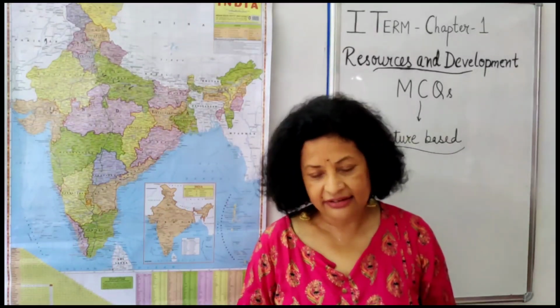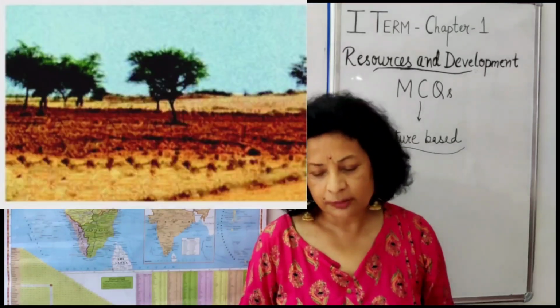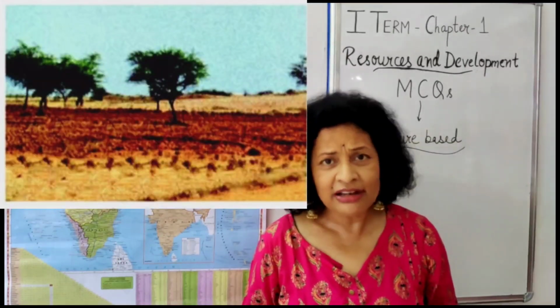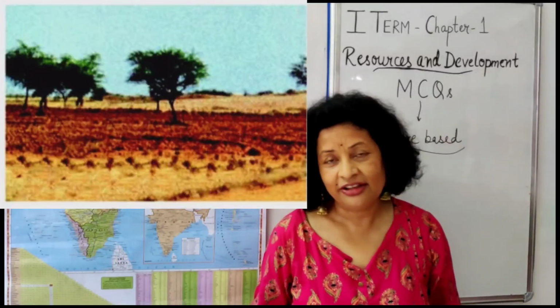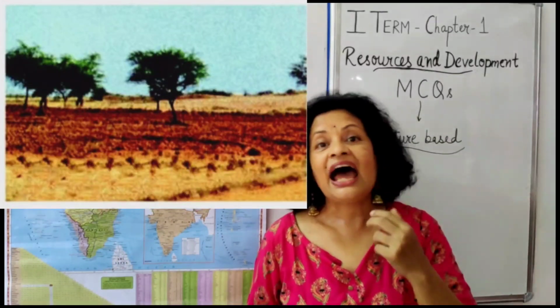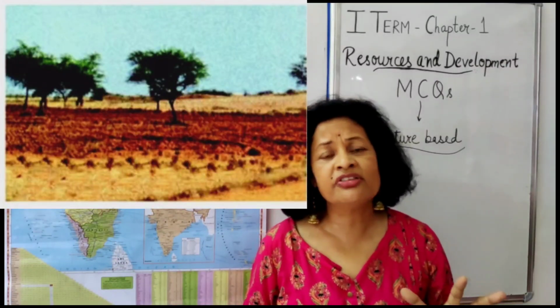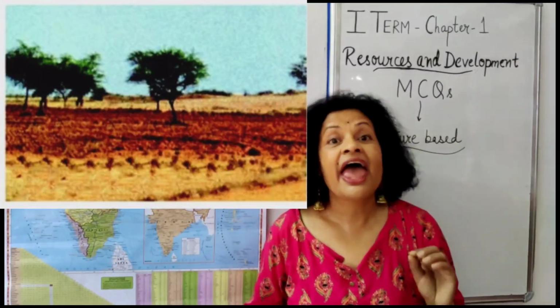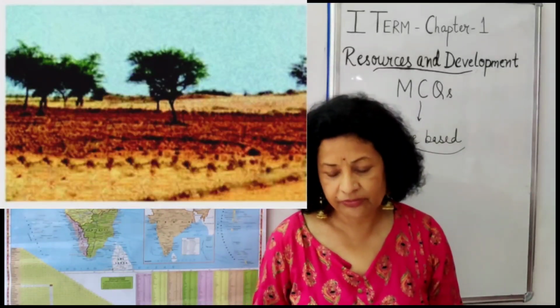Next, which soil is shown in the given picture? Is it alluvial soil, laterite soil, black soil, or arid soil? You can see there is very little vegetation, two or three trees in the picture. So it is arid soil, which is very sandy and saline in nature.